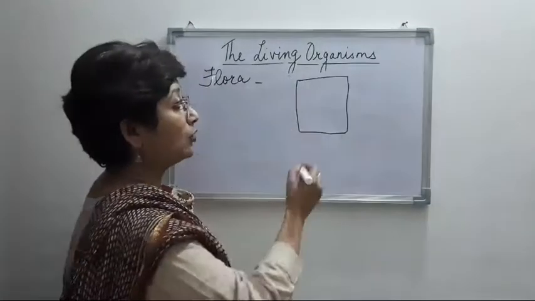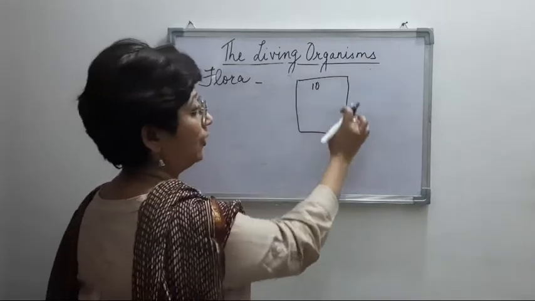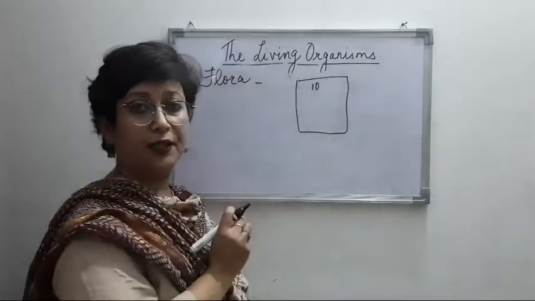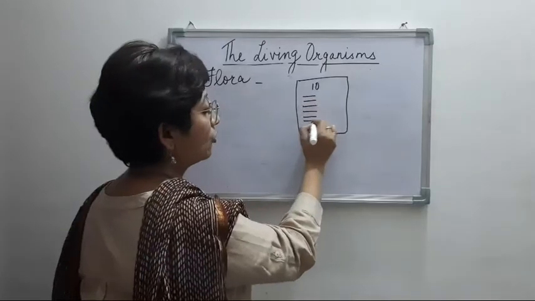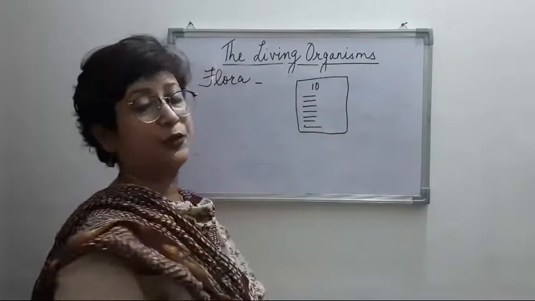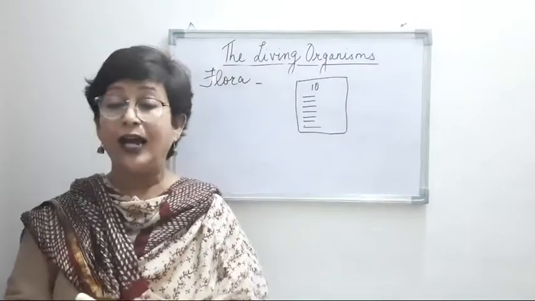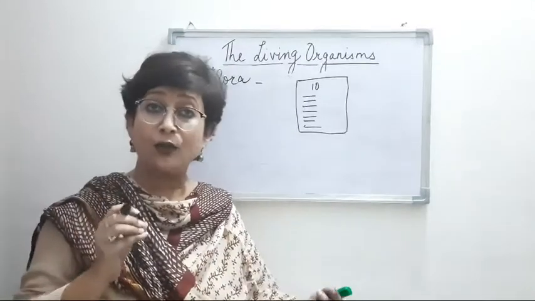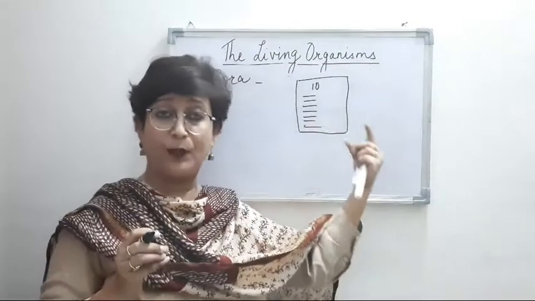Suppose there are 10 plant species that are found in this geographical area, right? So it is a document that tells everything about those 10 plant species, right?